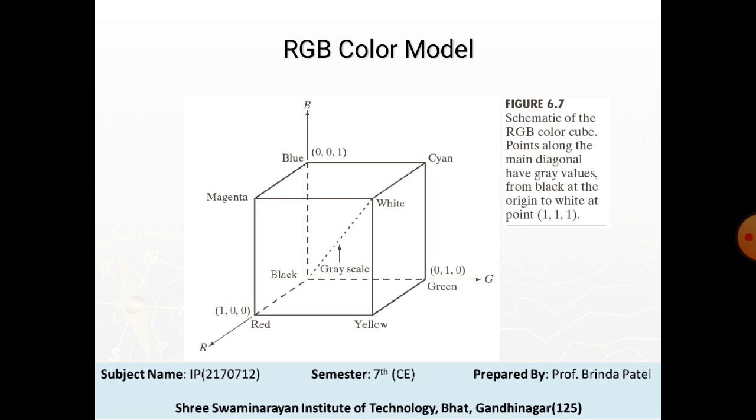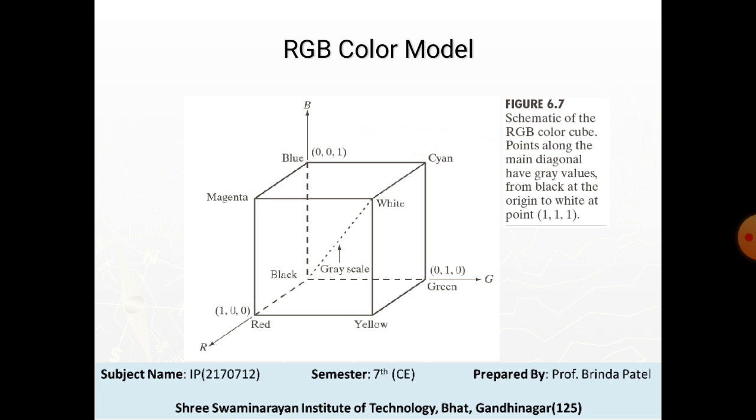Images represented in the RGB color model consist of three component images, one for each primary color. When fed into an RGB monitor, these three images combine on the screen to produce a composite color image.